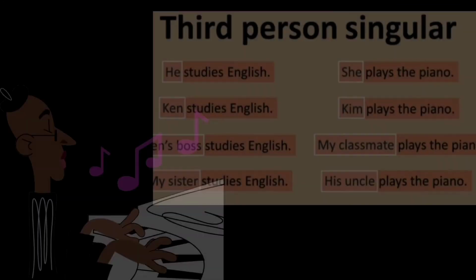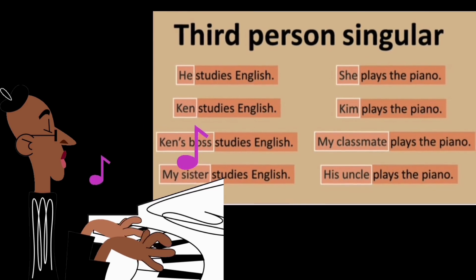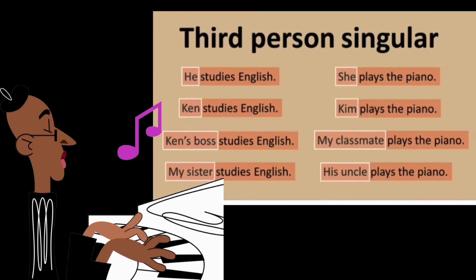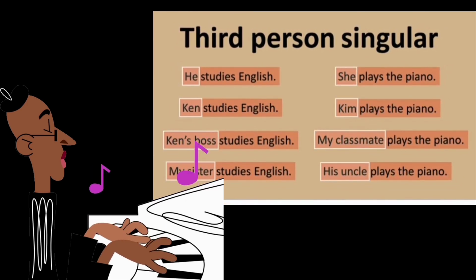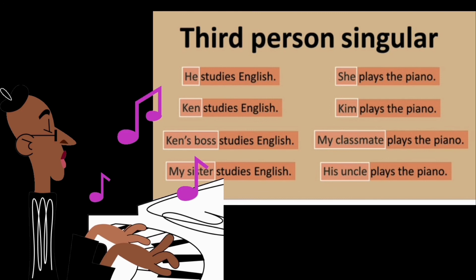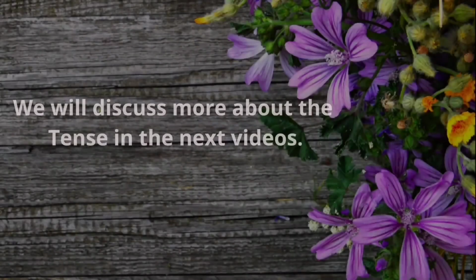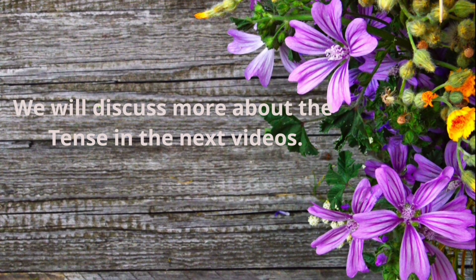You will see that all the subjects are in third person and singular number in present tense. So that is why after the main verb study, I have added ies over here. Okay, because the subject is in third person singular number in present tense.